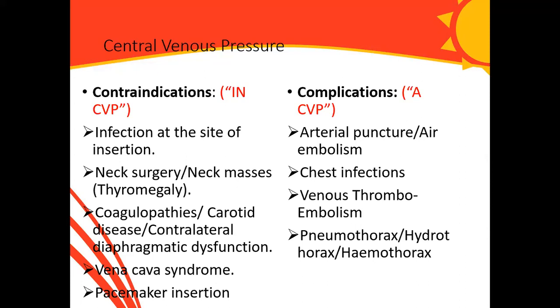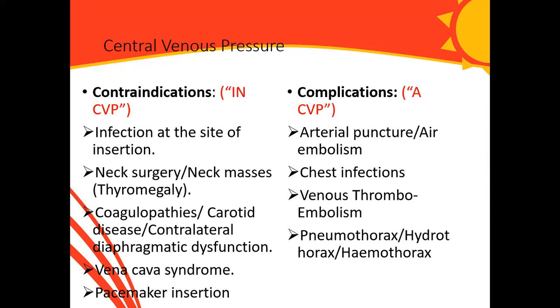Complications arise from the insertion procedure, and even during monitoring. Depending on the route, you can do carotid, femoral, or subclavian arterial puncture, and that will be catastrophic, especially for the subclavian route, where it will be difficult for you to compress.